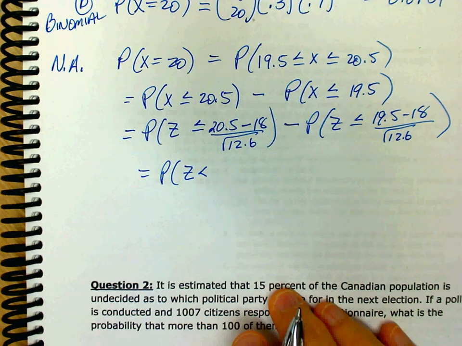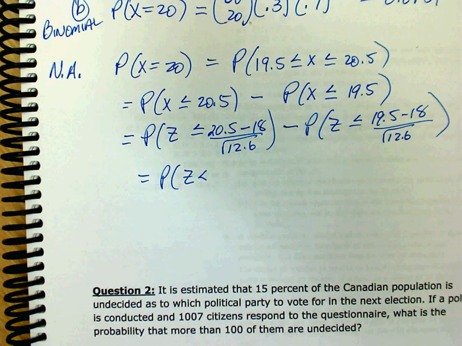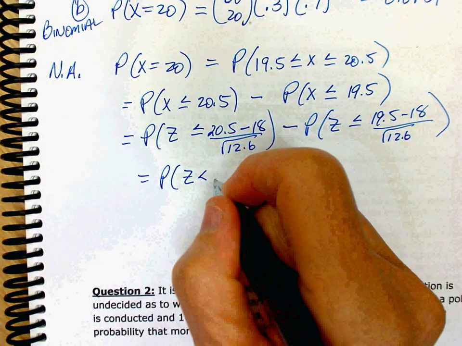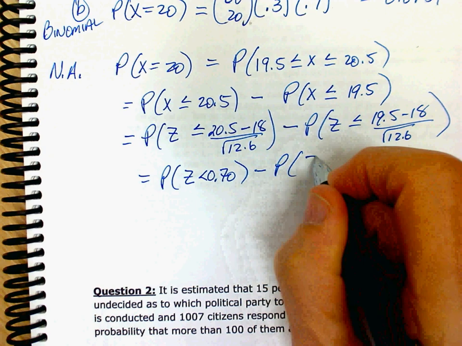The answer in my book is 20.5 minus 18 divided by the square root of 12.6. Let me try that again. Oh, it is 0.70. That's better. Minus the probability z is less than 0.42.